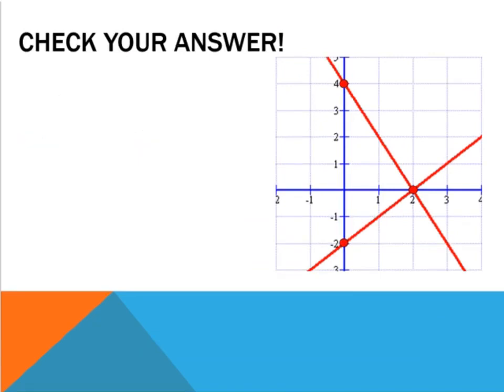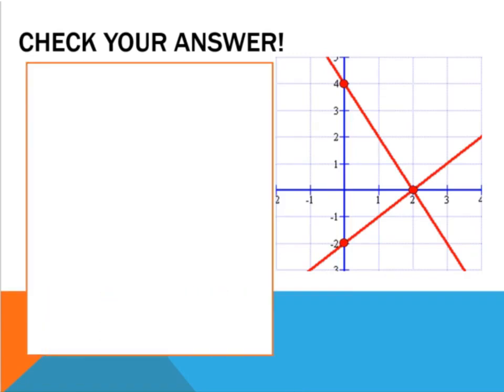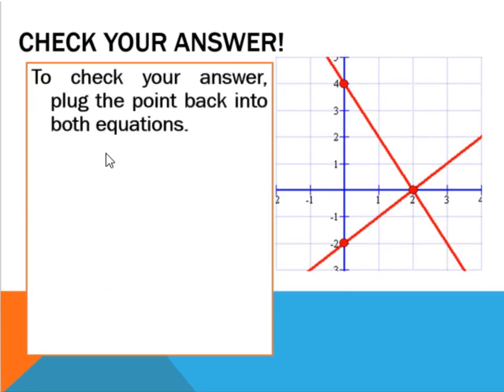Para malaman natin kung tama ang ating sagot, kailangang i-check natin kung tama siya sa equation 1 at sa equation 2 pagka sinubstitute. So, we will plug in the point back into equation 1 and 2. Sa equation 1, 2x plus y is equal to 4. Kung ang x ay gagawin nating 2, so replace yung x by 2 and yung y naman ay 0.